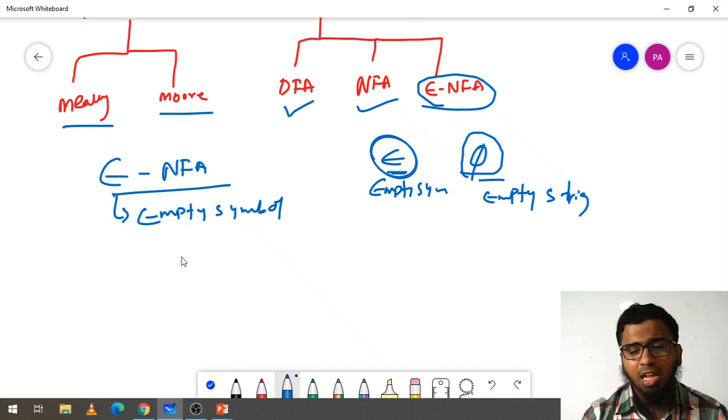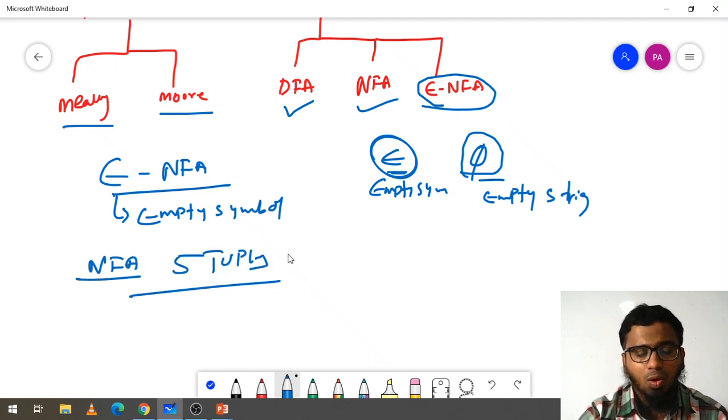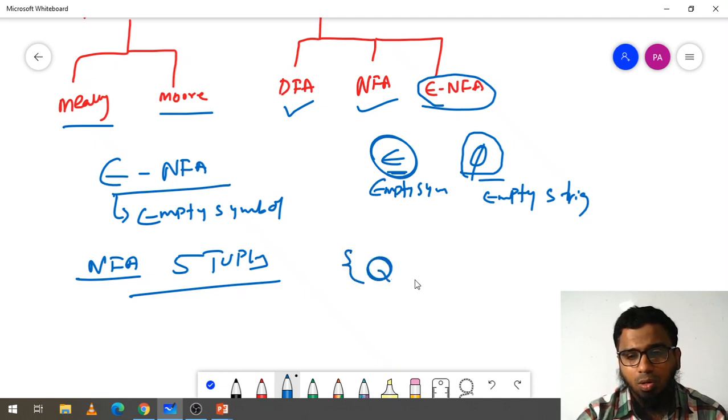As you remember, in the NFA we have the five tuples. What are the five tuples? First one is Q, second one is sigma, third one is delta, fourth one is Q0, and fifth one is the final state.